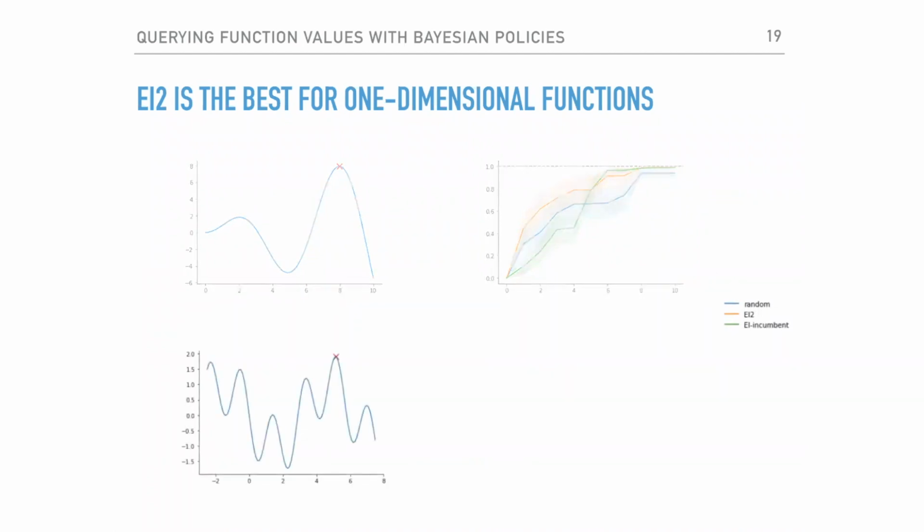However, if we switch to a slightly more complicated true objective function with more local optima, then the difference between the 3 policies becomes clearer, where the random policy becomes a bit worse and EI2 emerges as the top performing policy. And overall, EI2 is actually the top performing policy for one-dimensional objective functions.